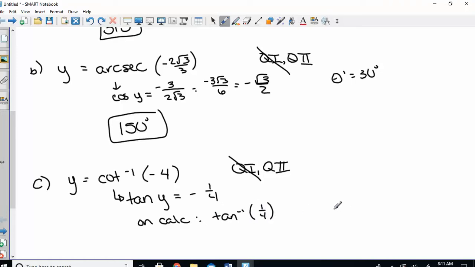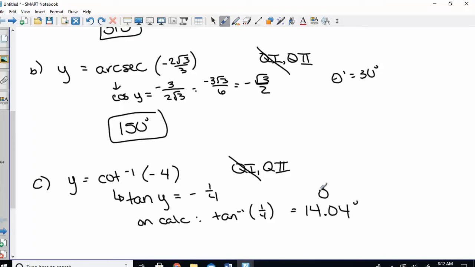Let's make sure we're in degree mode. So tangent inverse of positive 1/4. I get 14.04 degrees.